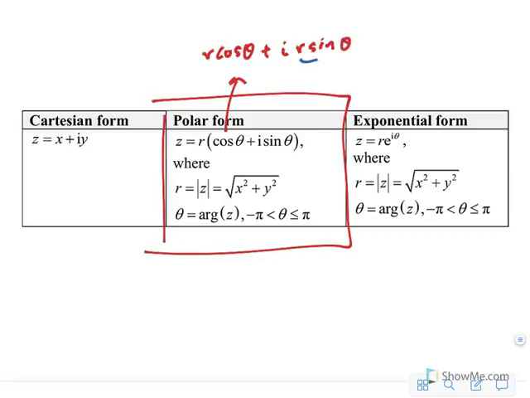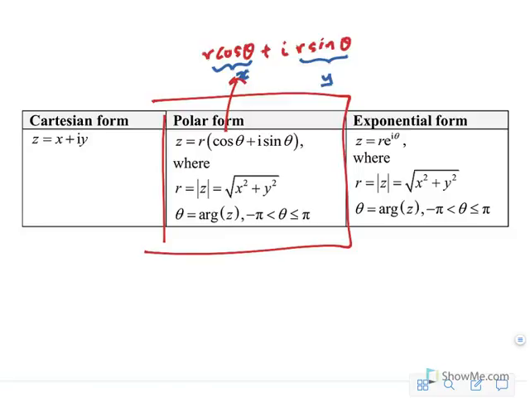Using SOH CAH TOA, this is just your y, the imaginary part, and this is just the x, the real part. Children, very quiet, very good. I think you're listening now. So this is the polar form.